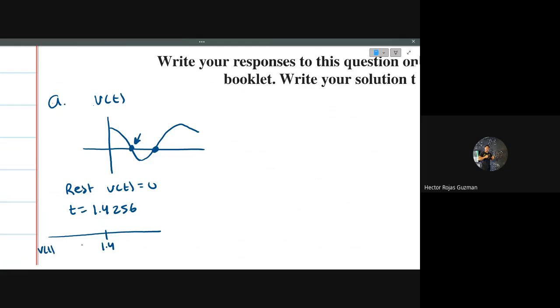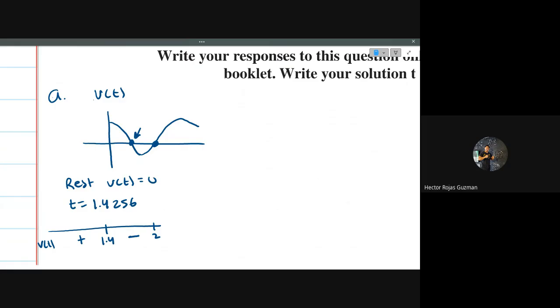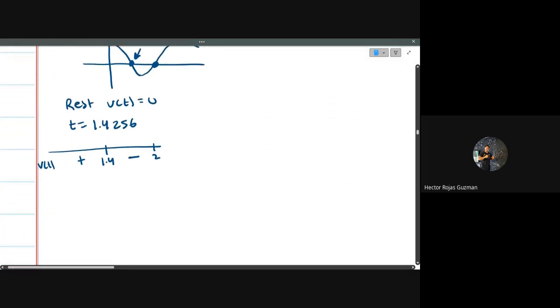Before 1.4, the velocity is positive. After 1.4, but before 2, the velocity is negative. Oh, no. The question says, is the particle moving to the right or to the left before the particle is at rest?